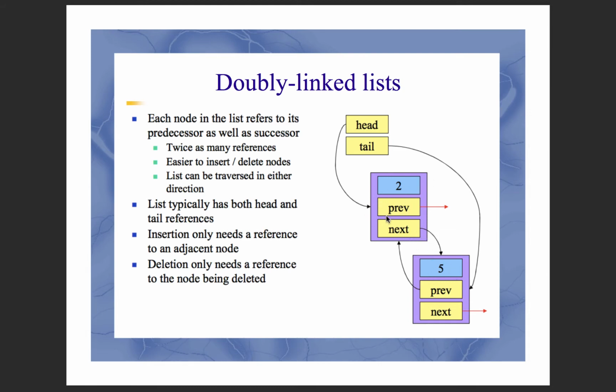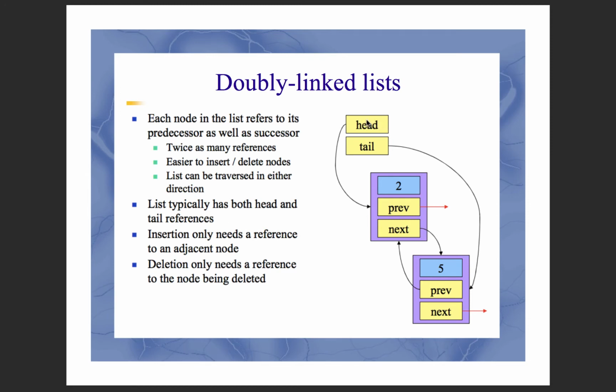But in double linked list we have one more member called previous, and this previous field contains the address of the previous node. So every node contains the address of the next node as well as the address of the previous node. That's the benefit of having a double linked list, that you can traverse in both ways. You can traverse in a forward way, and you can traverse in a backward way using the previous fields.